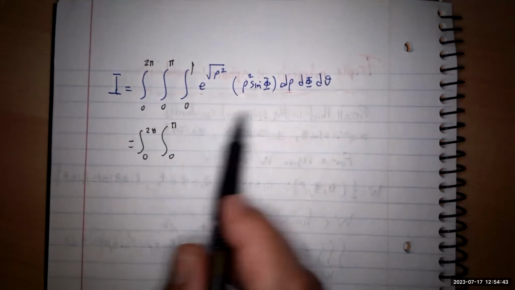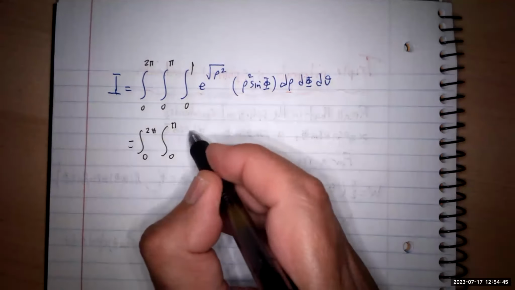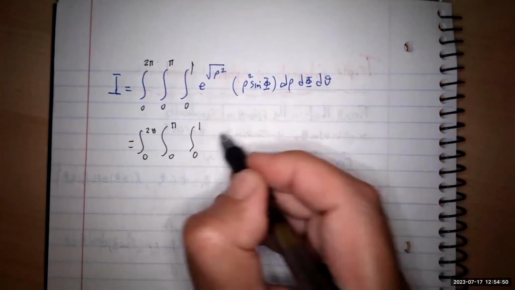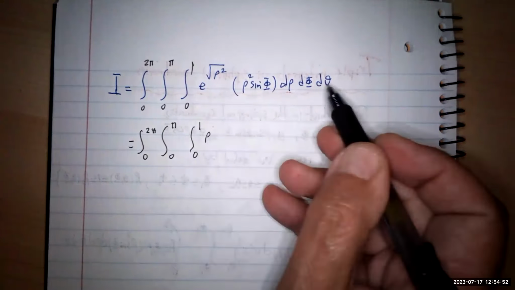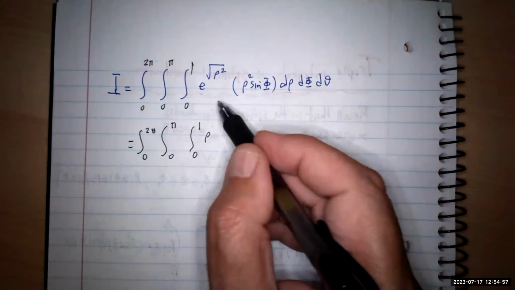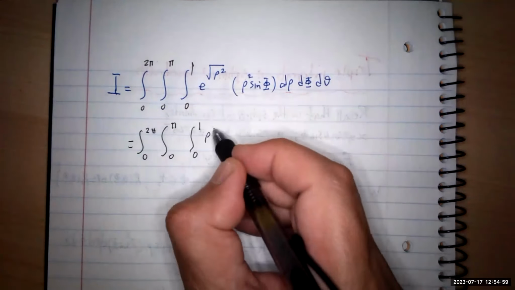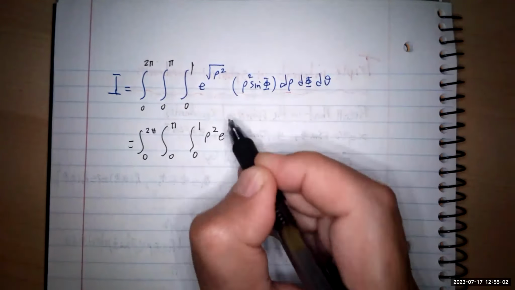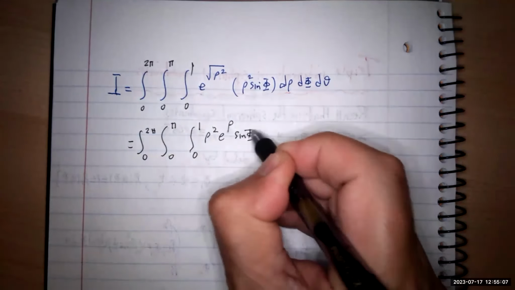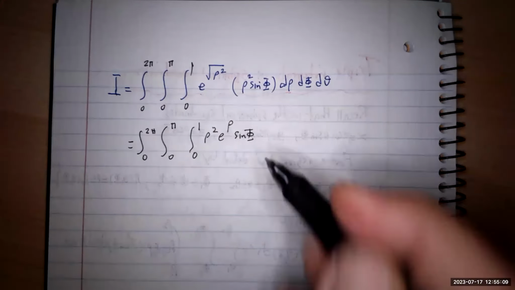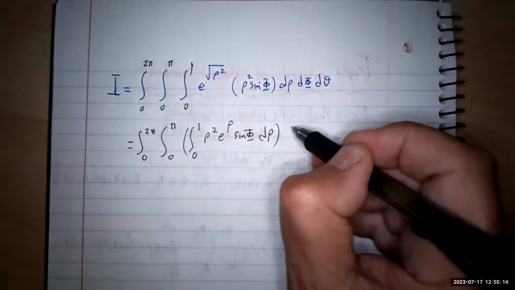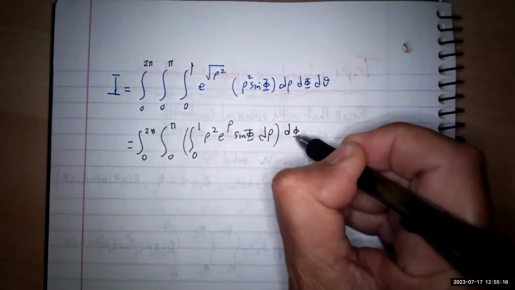I have to take that integral first, so I have to find the integral from 0 to 1 of rho squared, e to the rho, then the sine of the phi, with respect to the rho first. When I find it, then I come back and do the phi and the theta.